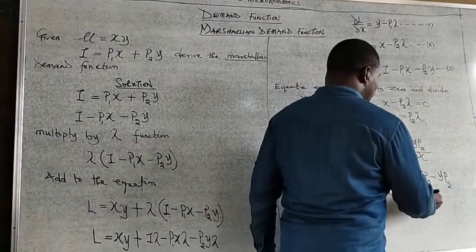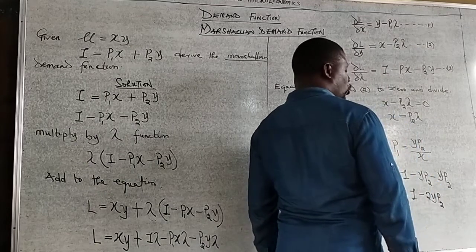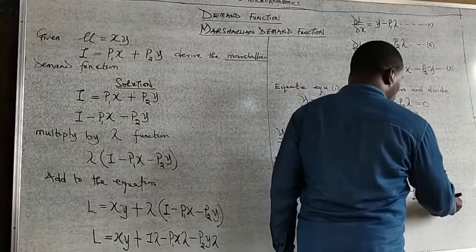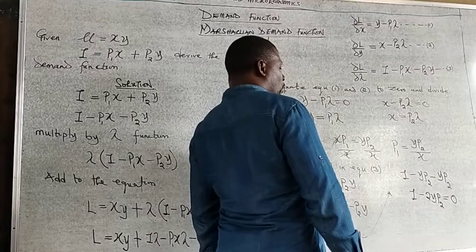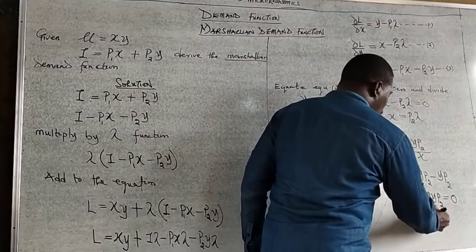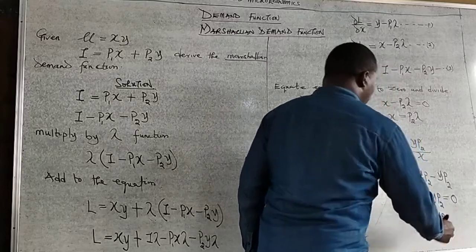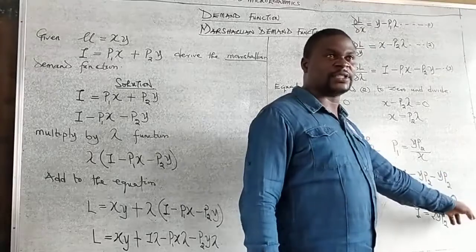So minus y p2 minus y p2 is minus 2 y p2, in two places. So you equate to 0. Now when you equate to 0, you take this to the other side. So I equals 2 y p2. This minus 2 y p2, I brought it here.